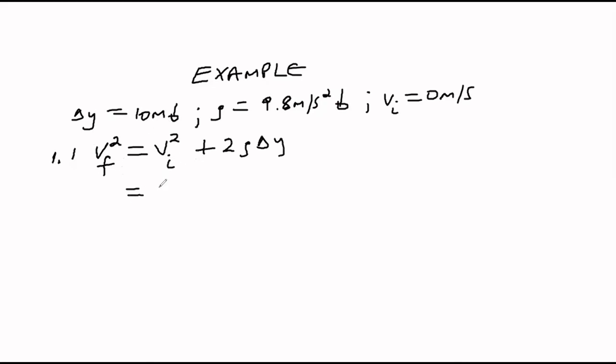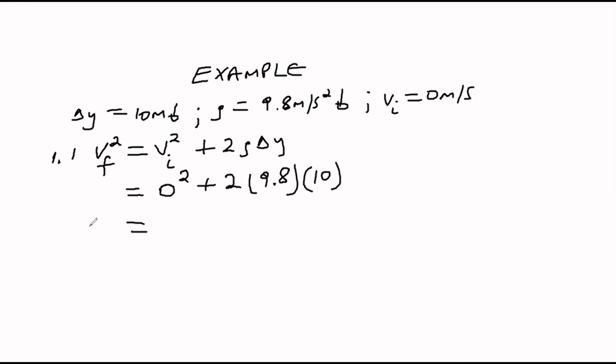The initial velocity is 0. For the equations of motion, no need to substitute the units. So G is 9,8, delta Y is 10. We take downwards as positive because the only direction involved here is downwards.